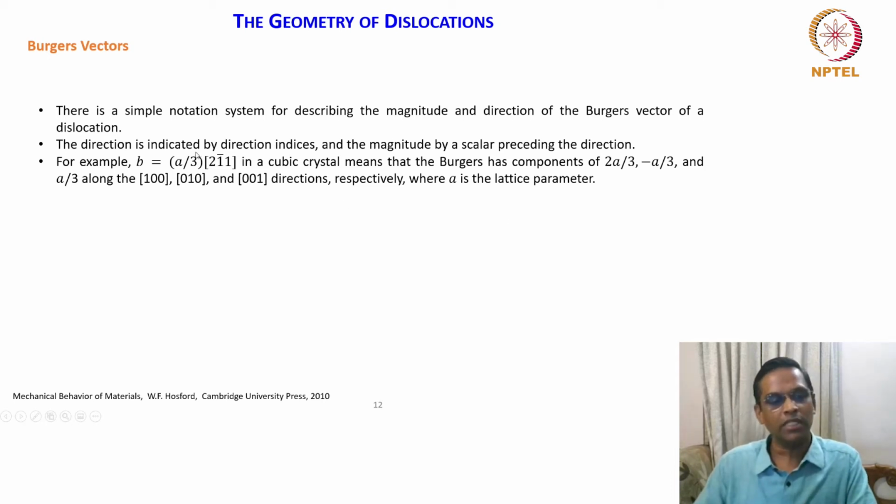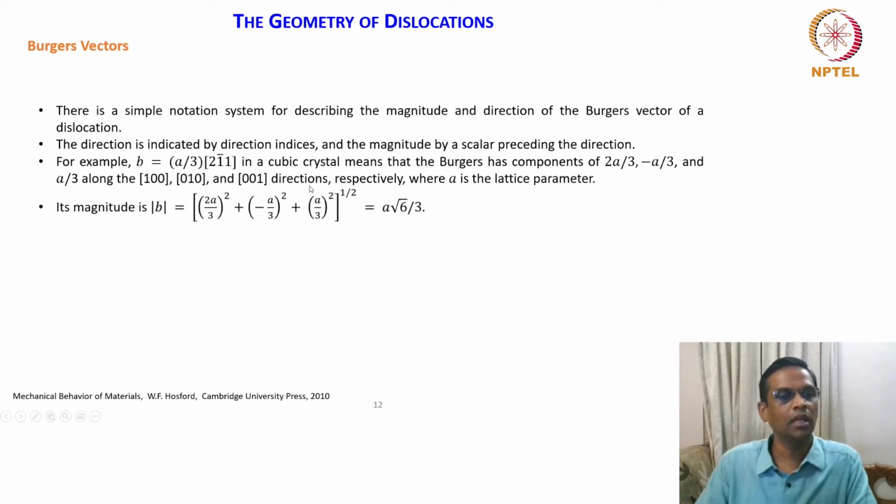So all the Burgers vectors will have this kind of notation: how much magnitude in terms of the lattice parameter and what is the direction. Its magnitude is mod b, which you can get by squaring the direction components and taking the square root. In this case, it is a times square root of 6 by 3.